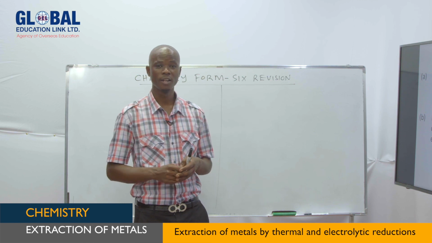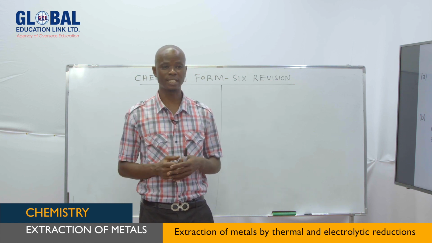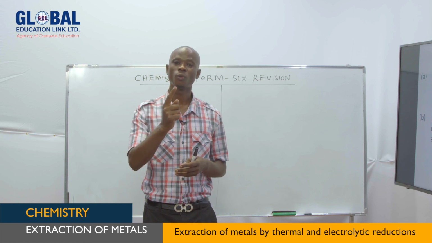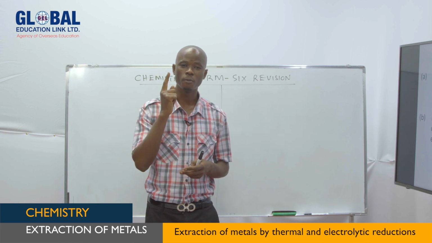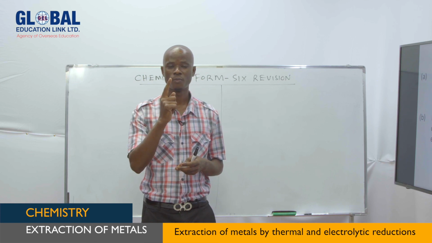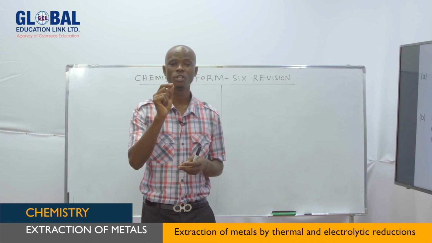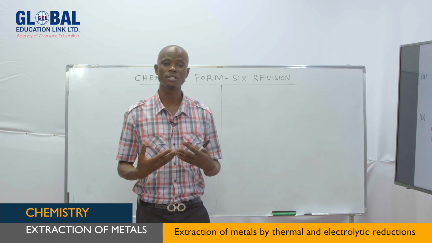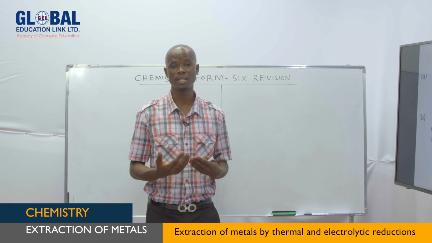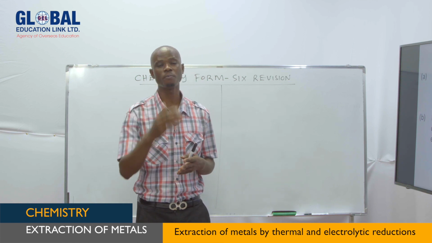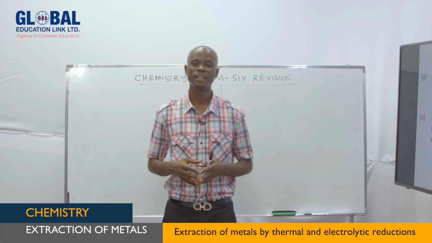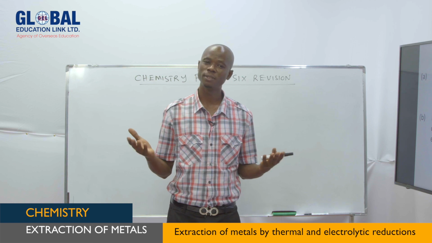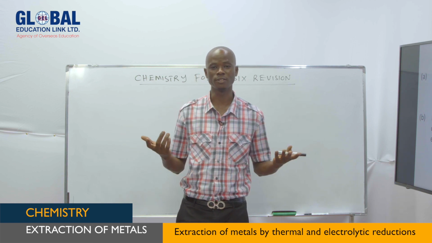For example, number 1, if you remember well, thermoreduction. In thermoreduction, we said that the oxides of the metals which are found at the bottom of the reactivity series can be extracted by this method. For example, mercury. You can reduce mercury oxide into mercury by just using heat alone.